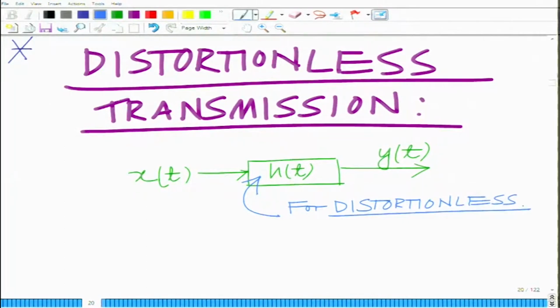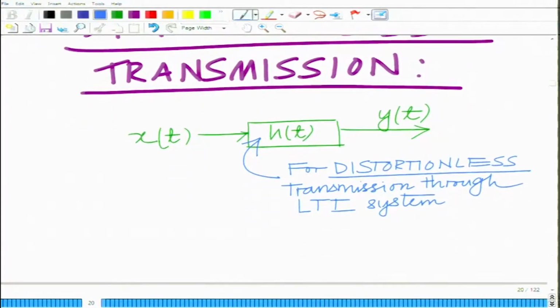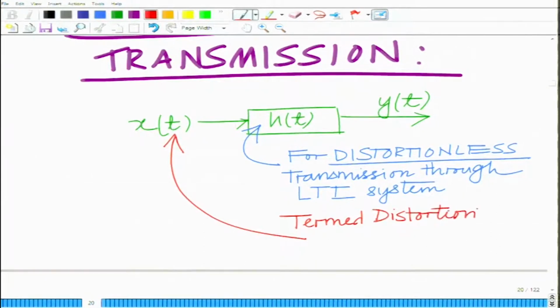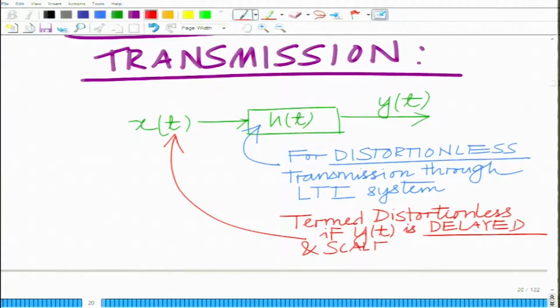For distortionless transmission through an LTI system, we call the transmission distortionless if y t is a delayed and scaled, that is amplified or attenuated, version of x t.